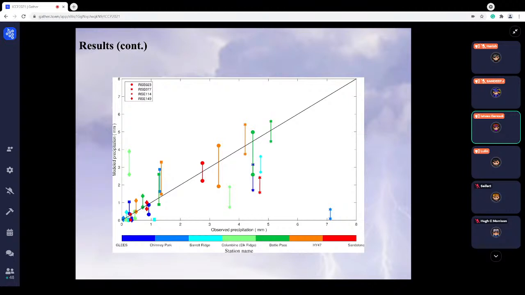This line is the 1-to-1 line. Here you can see that we were able to simulate relatively well all of the cases but one. That's only this one, the simulated randomized seeded experiment 114. In this case we have some stations which are out of this line. So the simulation was not so good, but there was also some question about the representativeness of the snow gauges. So please go to the next one.